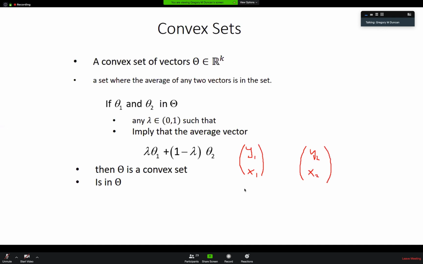And these are two vectors in the set. So this vector and this vector are in theta. And now I'm going to take the average, okay?